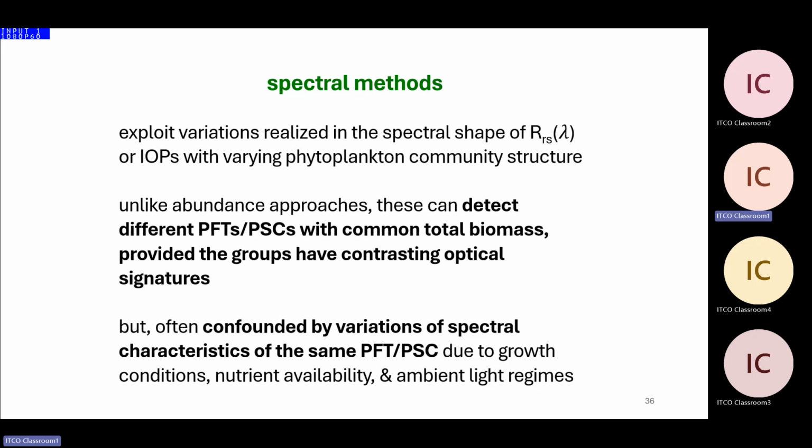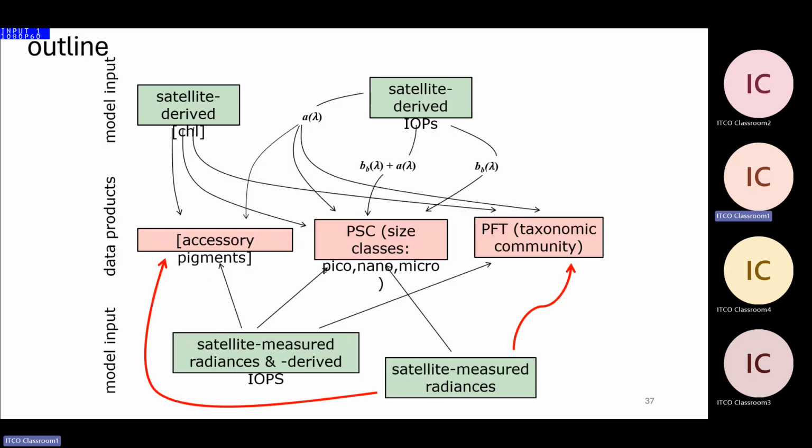Okay, so let's look at this pathway where you go from satellite-measured radiances. Is everyone familiar with what I mean if we're talking about radiances? It's basically like reflectances, but it's not normalized by downwelling irradiance.